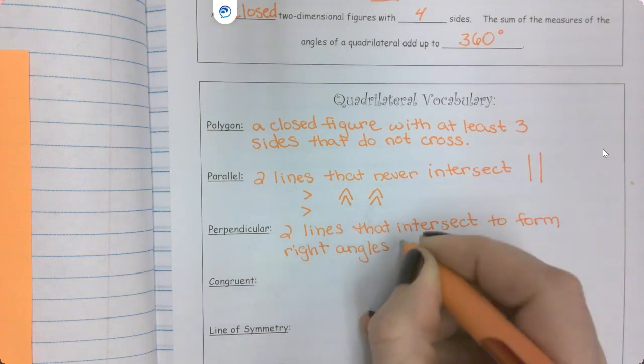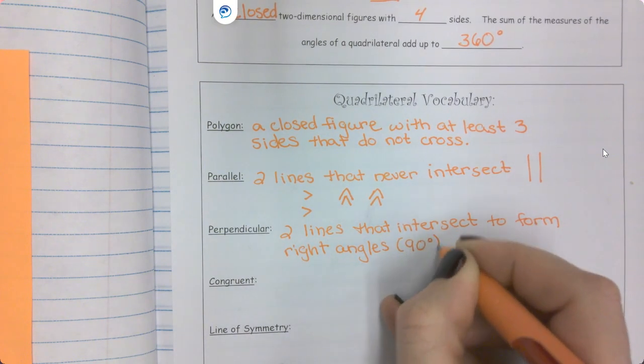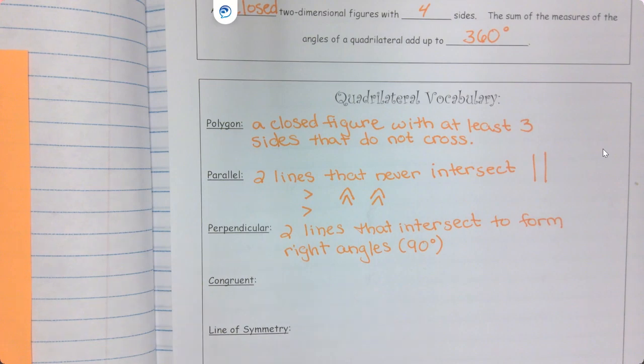And of course, a right angle is 90 degrees. So it's like the opposite of parallel. Parallel, they never cross. Perpendicular, when they cross, they actually form a right angle.